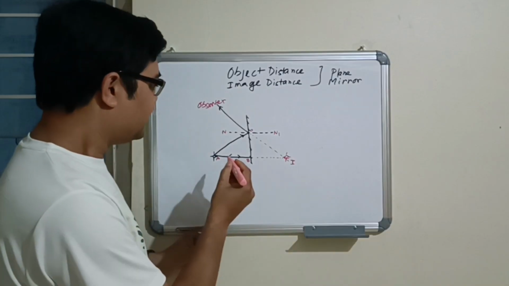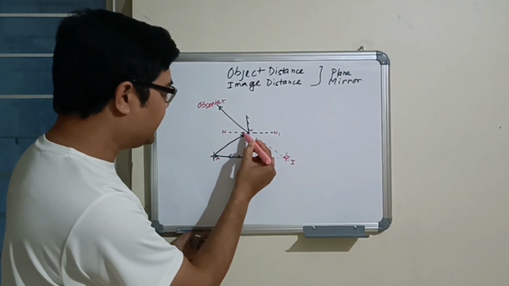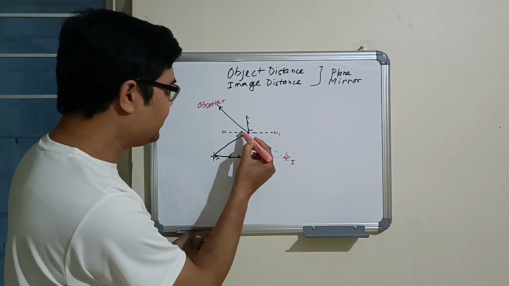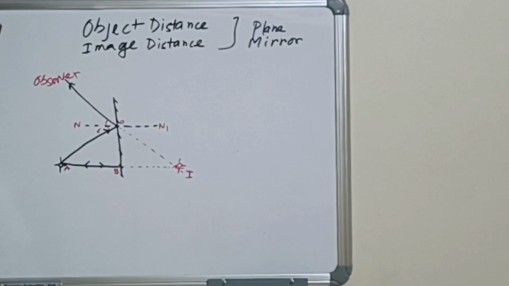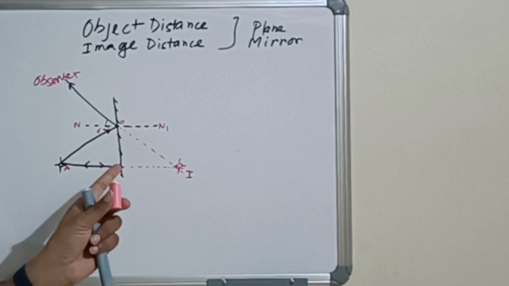Right? So this is normal, this is angle of incidence I. Similarly, as per the laws of reflection, angle of incidence equals angle of reflection.